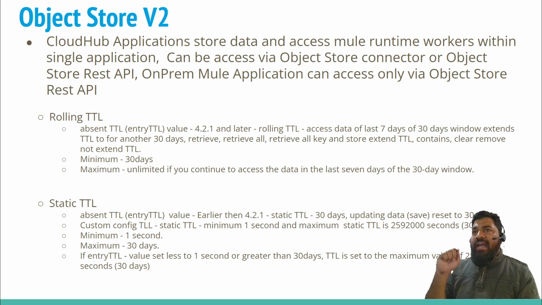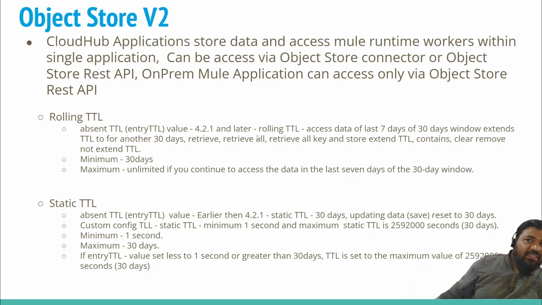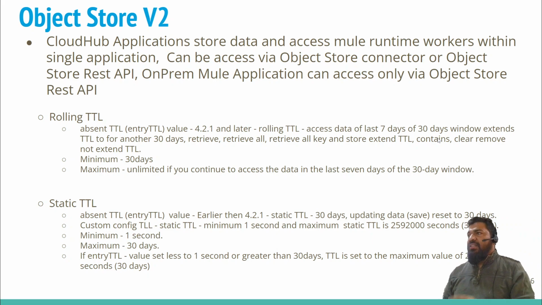You can continually access your application, but it matters when you access it in the last 7 days of the 30 days, like days 23, 24, 25, 26. Then your window will be extended for another 30 days.